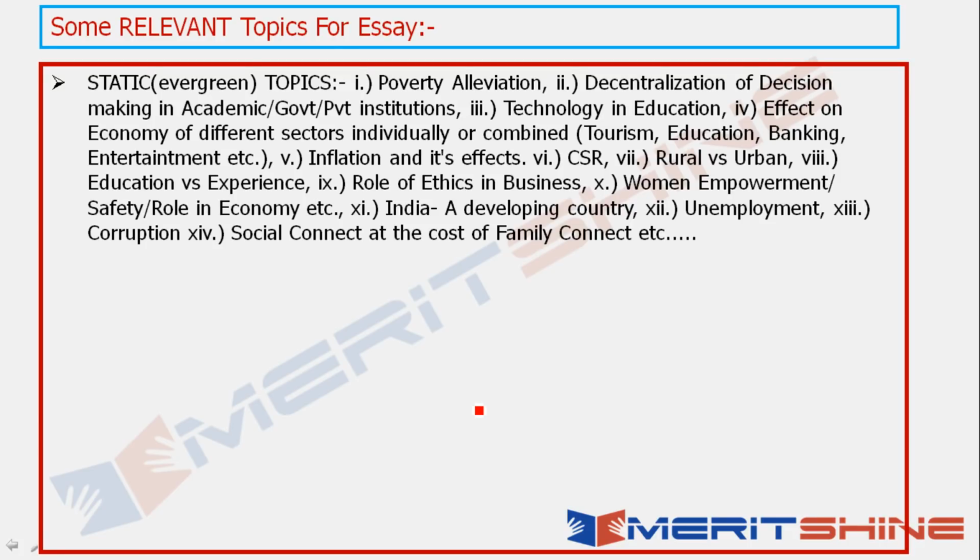The first category that we will do in essay is the static topics, the evergreen topics. What are the static topics? The evergreen topics. So let's start with the first one: poverty alleviation. An evergreen topic, always relevant, right? For the last 20-25 years, in every essay writing or descriptive writing activity, this is equally relevant.